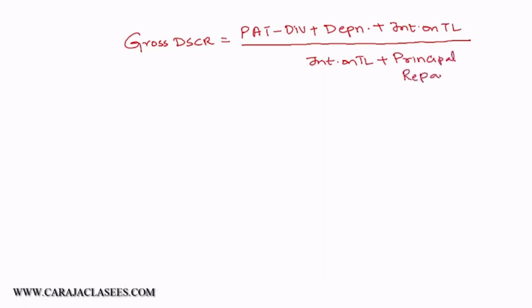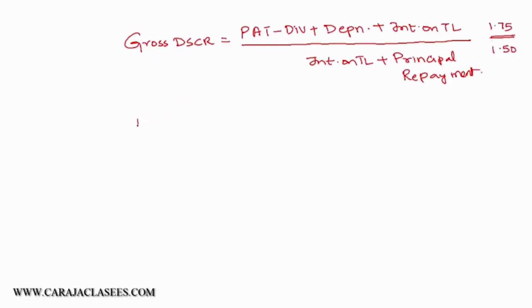So this makes gross DSCR. Public sector banks will be insisting it should be at least 1.75, or some banks will go down to a level of up to 1.5.